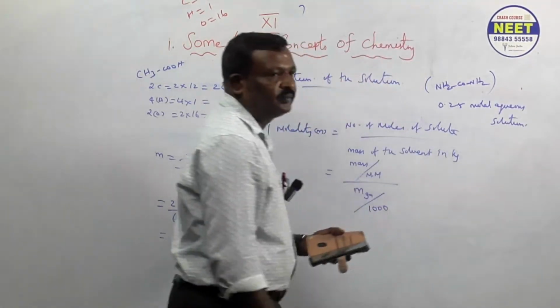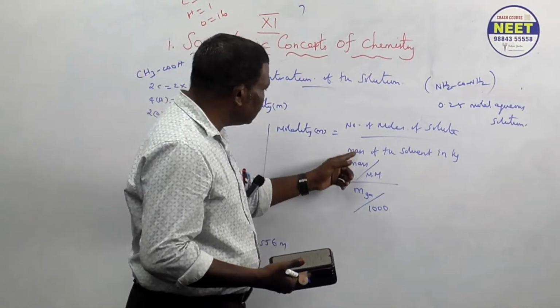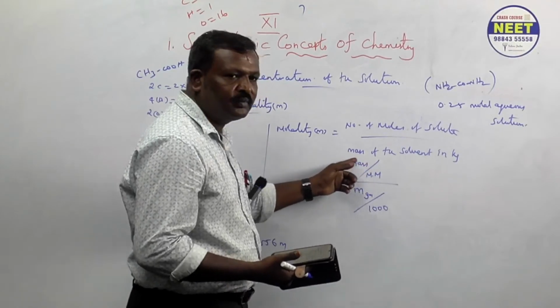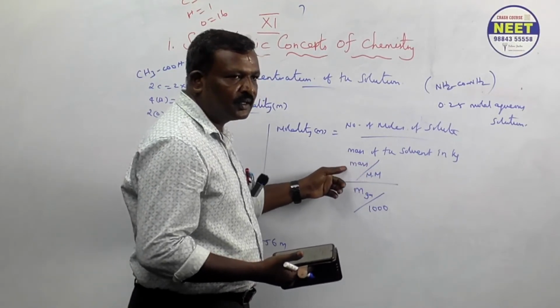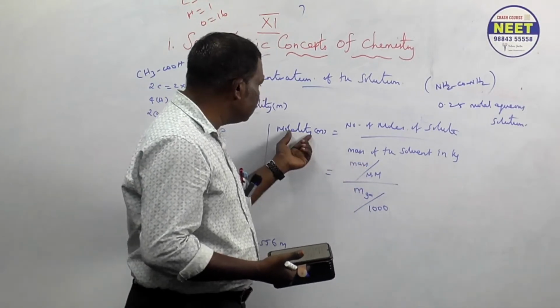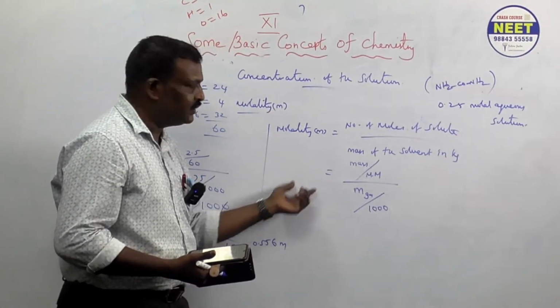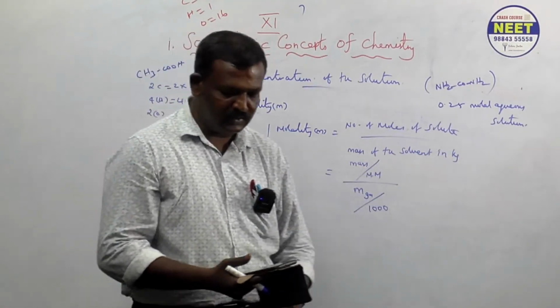In this sum, they are asking what? Calculate the mass of. Molal solution is given, 0.25 m. Instead of this, we can put 0.25. Then I will simplify. That's all.